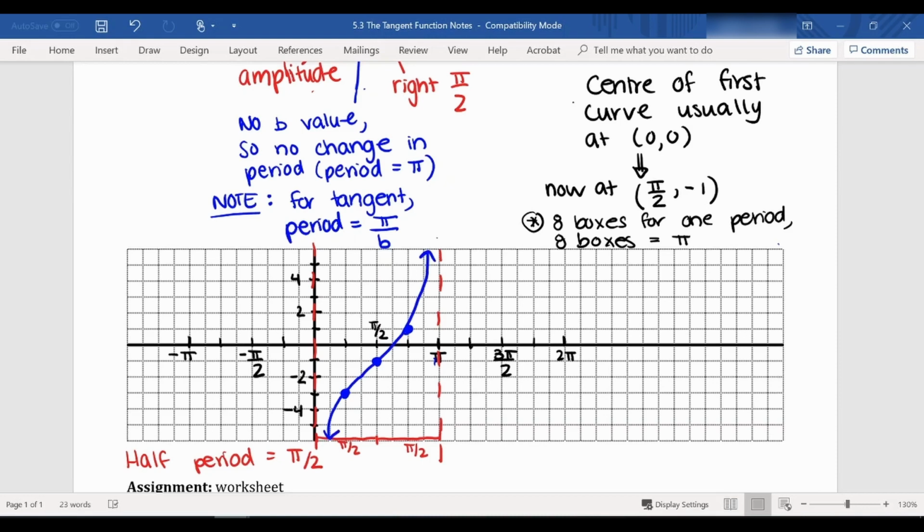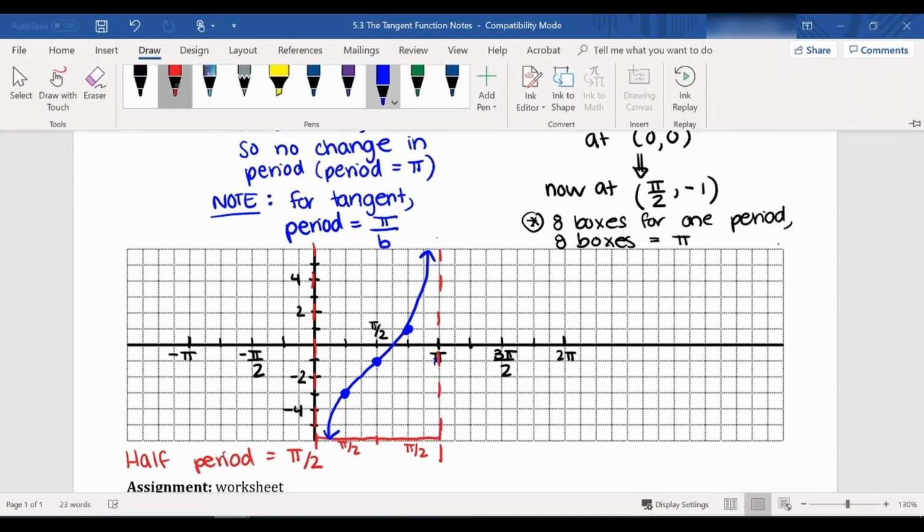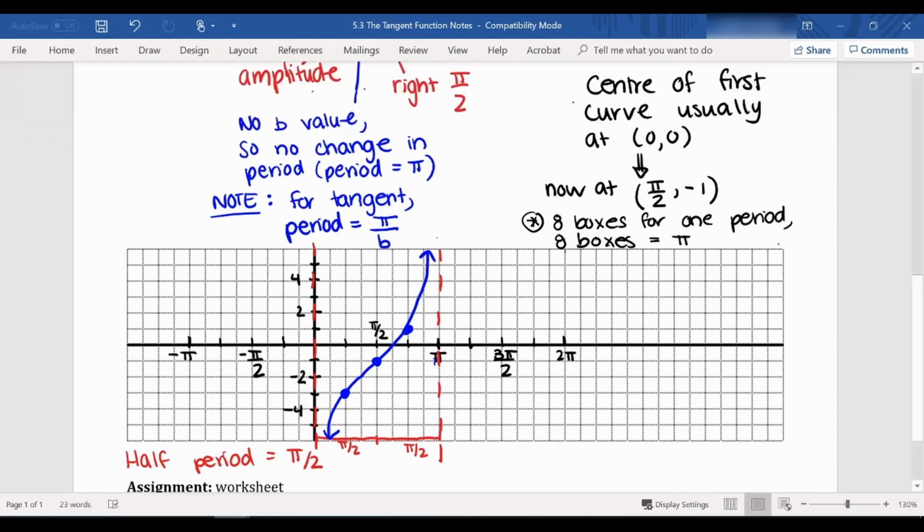Once you have one cycle, drawing the others is very easy. From my asymptote in either direction, I know my next one is pi away because my period is pi. So my next asymptote will be at 2 pi to the right or negative pi to the left.